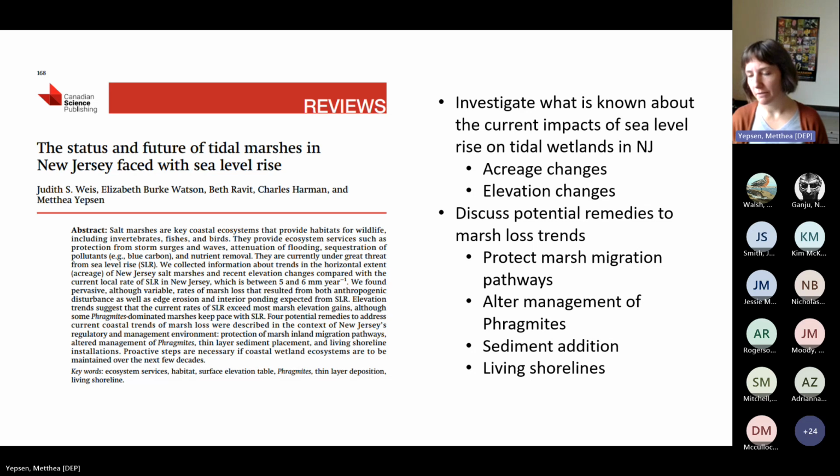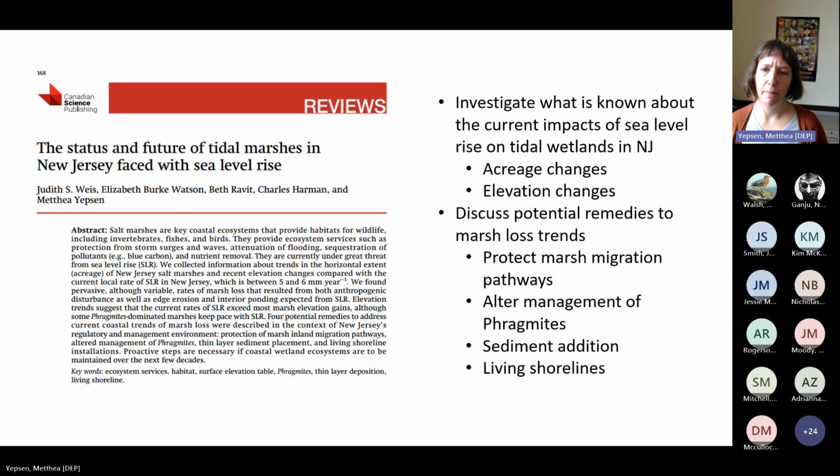But we needed more specific information that was collected on the ground in the state, and not just modeled information. So between 2019 and 2021, I worked with Judith Weiss, Beth Watson, Beth Rabbit, and Charles Harmon on a paper that investigated what was known about current impacts of sea level rise on tidal wetlands in New Jersey and what could be done to remedy the marsh loss.